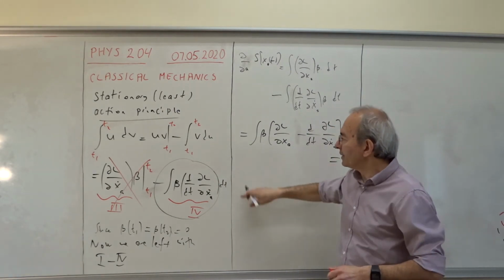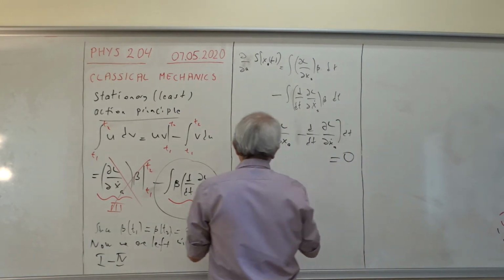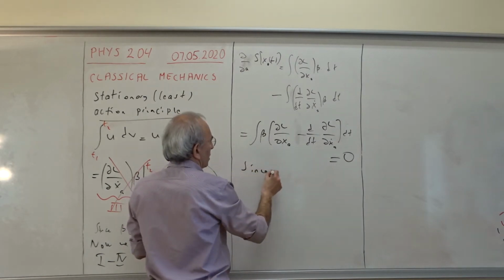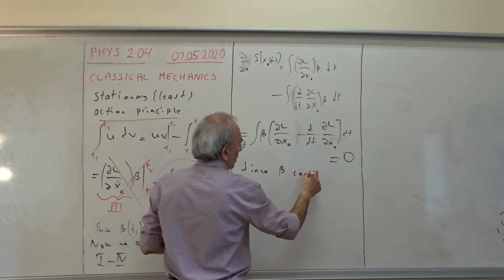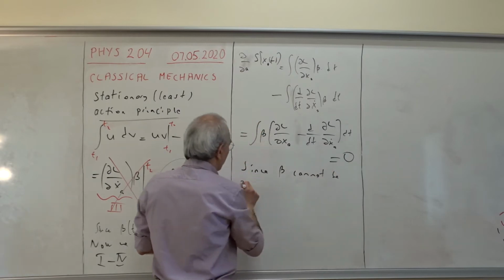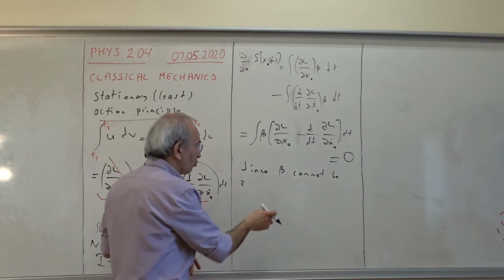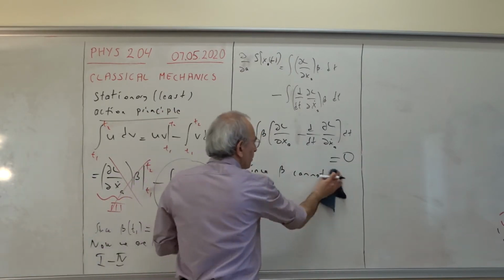But beta does not have to be 0, because beta is an arbitrary function.